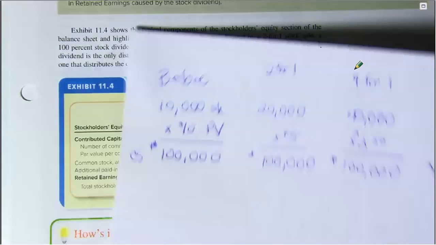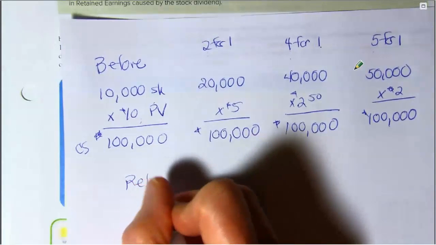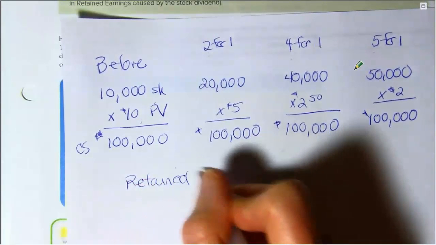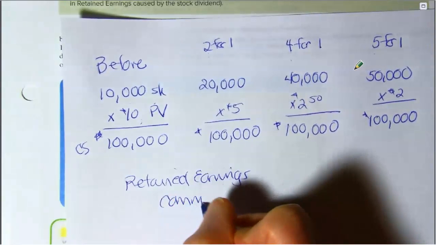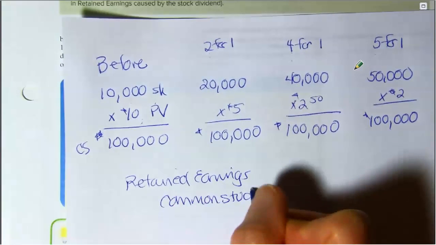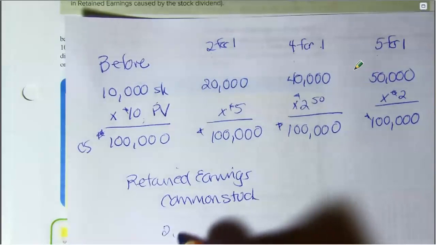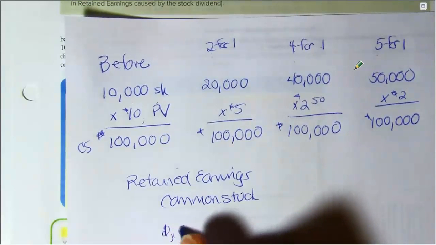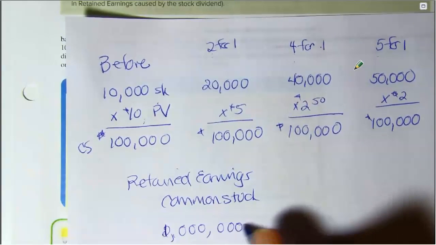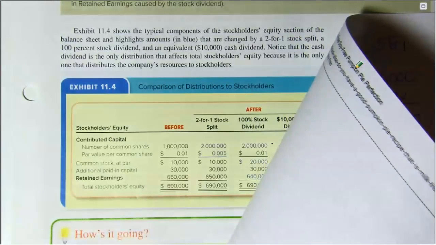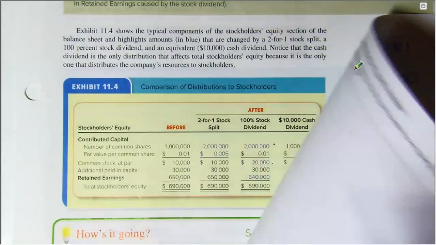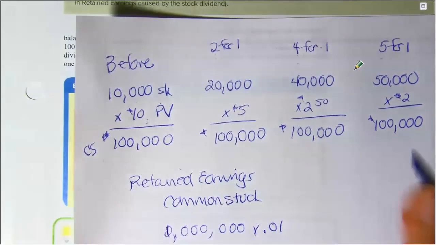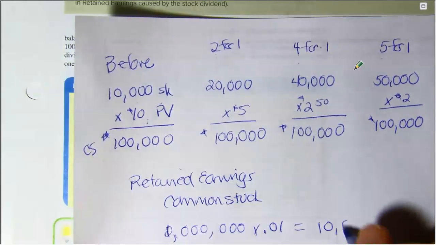The journal entry there would be to debit retained earnings and credit common stock. Now, the way we get that amount is we take the number of new shares times the par value, which was 10 cents, and that's how we get $10,000.